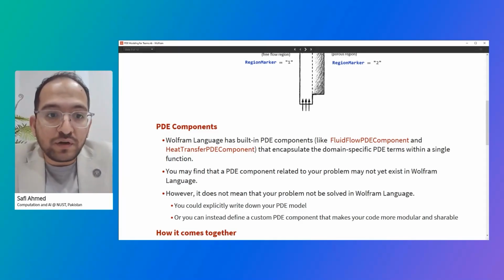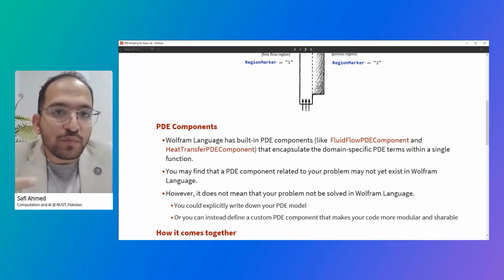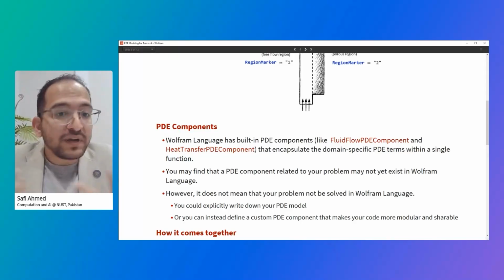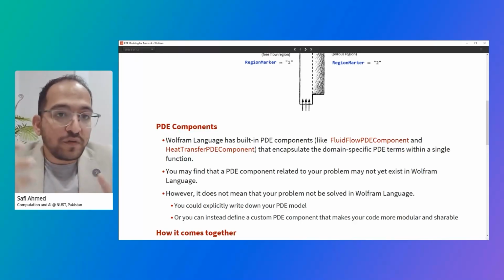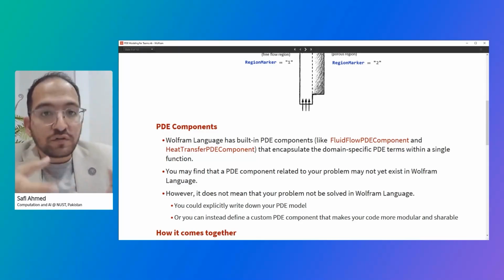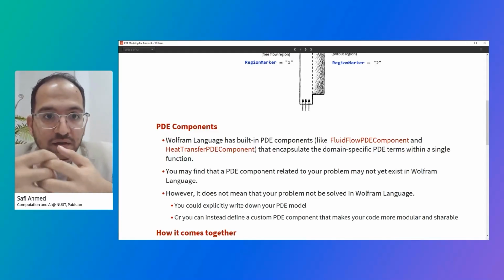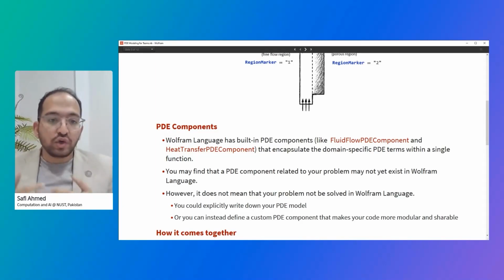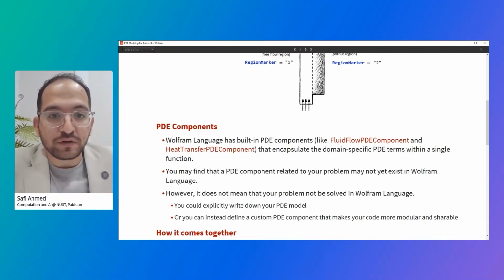You may find that a PDE component related to your problem may not exist within Wolfram language, but that does not mean that your problem cannot be solved in Wolfram language. You can always explicitly write your PDEs, or you can define a custom PDE component that you can use in your code, and that will make your code more modular and more shareable with your team members.